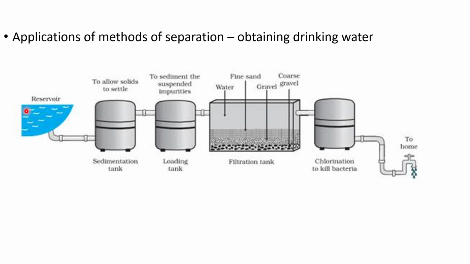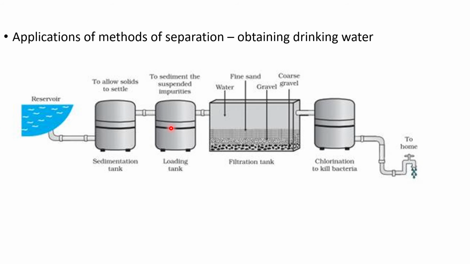So first, water which is coming from the reservoir moves to the sedimentation tank. Now make an assumption. We have understood sedimentation. What would be going on inside this tank? This tank would allow solids to settle. If there are some mud particles or insoluble solids which are heavier than water, they settle down in the tank, and then the clear water is sucked to another loading tank.